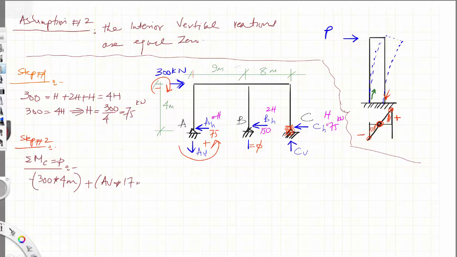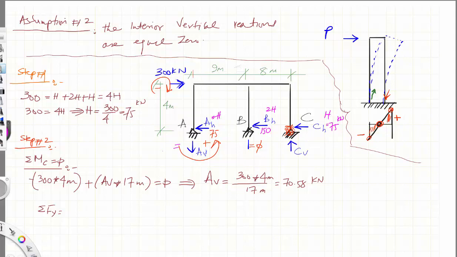Multiplied by 17 meters is equal to 0. So from this I get AV is equal to 300 multiplied by 4 meters divided by 17 meters, which is 70.58 kilonewton.